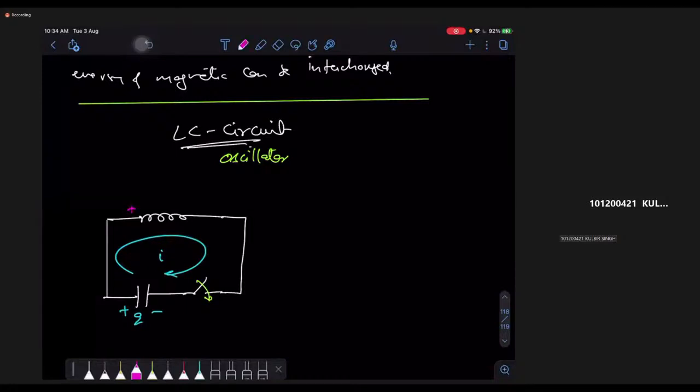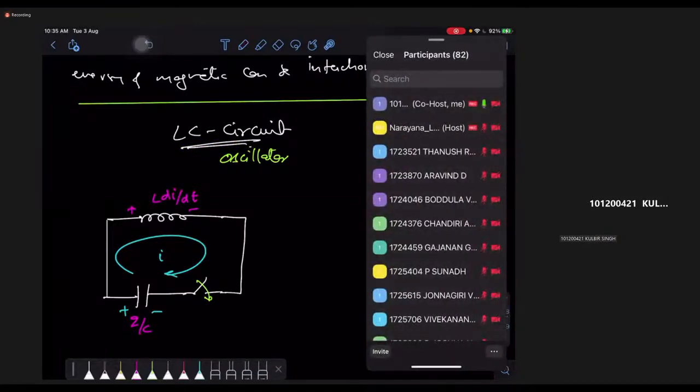So potential is going to be dropped across the inductor, and potential is going to be dropped across the capacitor. If the two are connected without any resistance and without any battery, that circuit is called an LC circuit. That's a very unique and special type of circuit.